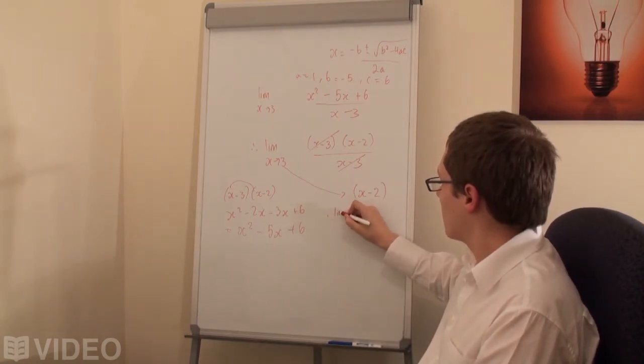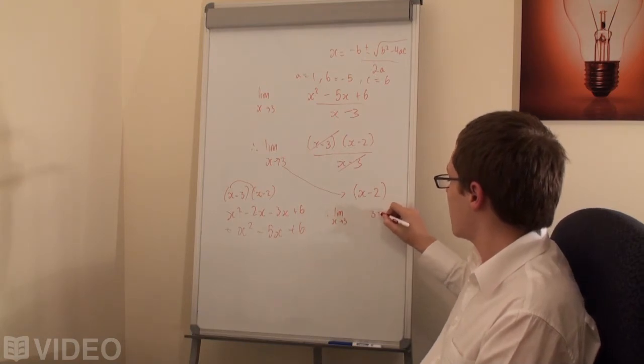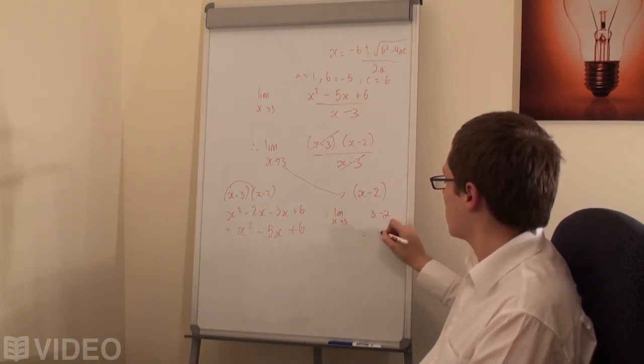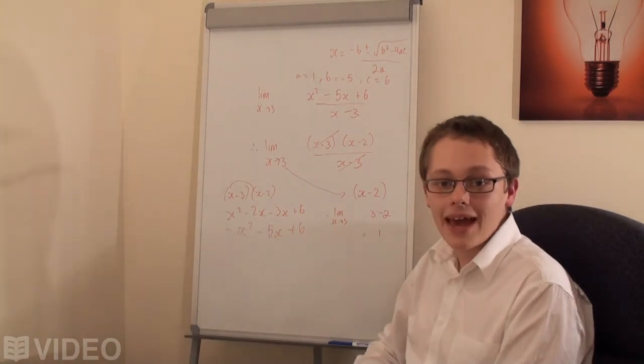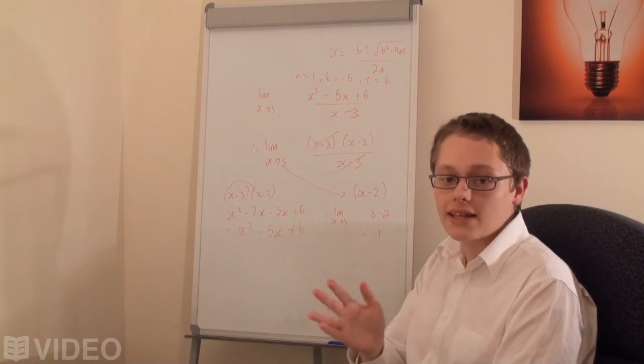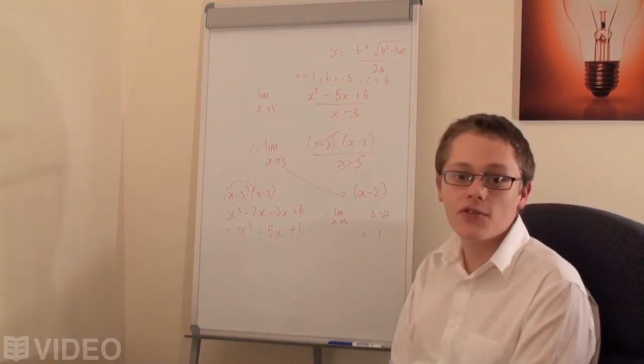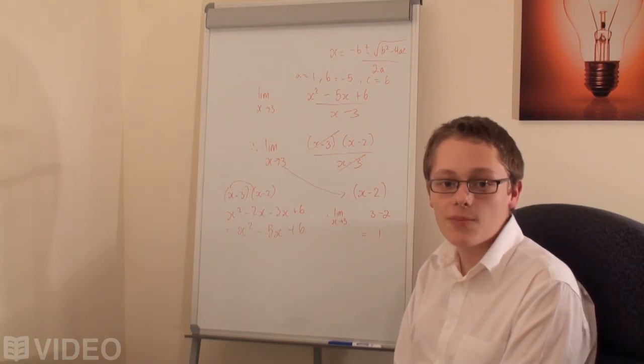Therefore, the limit as x approaches 3 is going to be 3 take 2, which is equal to 1. And this gives us an idea of what's happening when the function is actually approaching an x of 3, even though it is temporarily undefined.